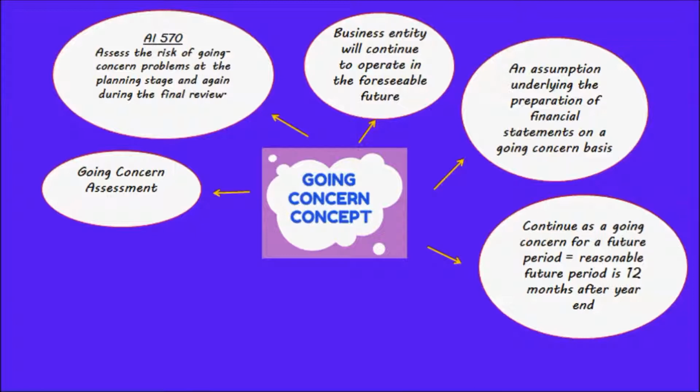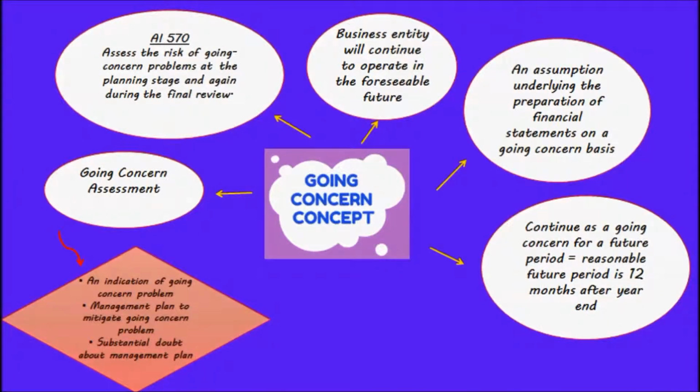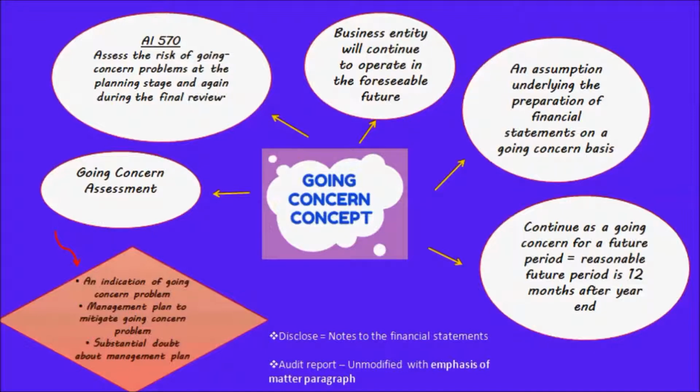Next is going concern assessment. Under going concern assessment, there are indications of going concern problems, management plan to mitigate going concern problems, and substantial doubt about management plan. Here are the procedures if going concern is in doubt.